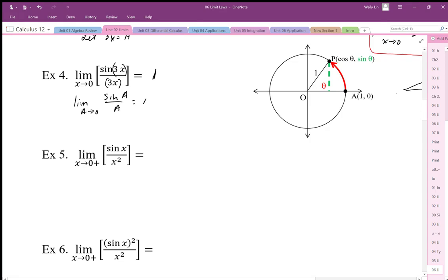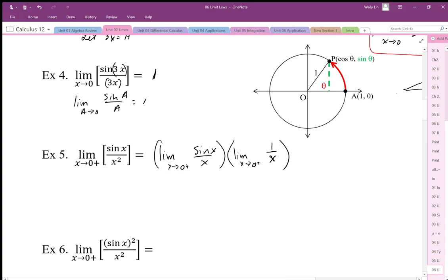Well, we can use some limit laws to help us out here. Sine x over x squared. What we can do is say that this is the limit as x goes to 0 of sine x over x. Well, we know that's equal to 1. And we combine that with the limit as x goes to 0 of 1 over x.